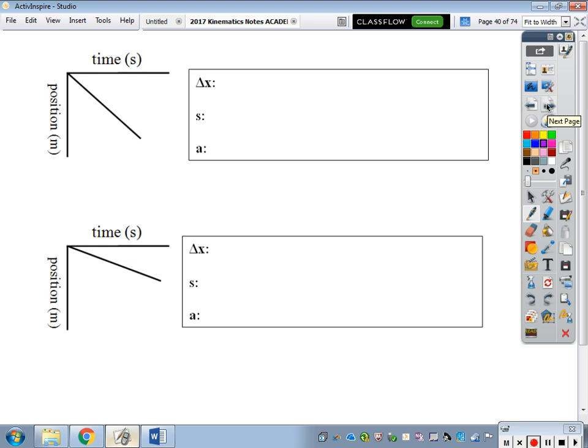Fourth quadrant. We haven't shown you a fourth quadrant graph yet. Fourth quadrant doesn't mean anything other than the fact that all of the motion occurs to the left of the origin. The exact same rules apply. For both of these graphs, it's a negative displacement. For both of these graphs, it is still a constant speed. How do we know it is constant? We have a straight line, a constant slope.